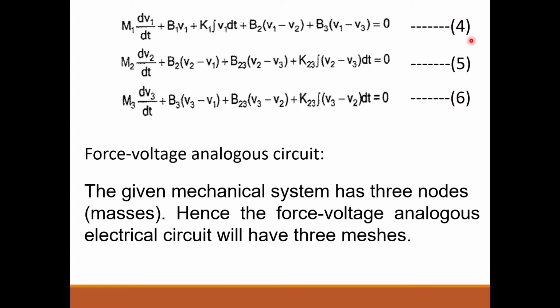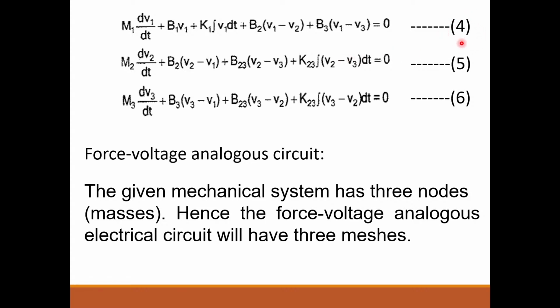So equation 1 is replaced by replacing displacement. x is displacement, v is velocity. By taking the relation between velocity and displacement, we can replace the displacement with velocity in each equation. So we have three free body diagrams, and we have written three force balance equations, and you just replace the displacement with velocity.